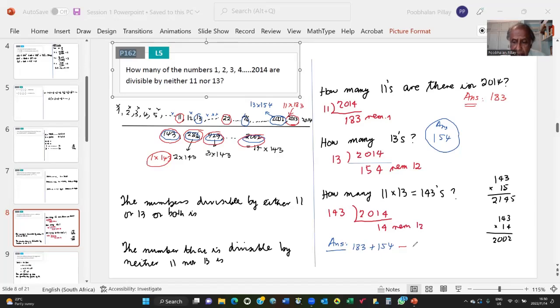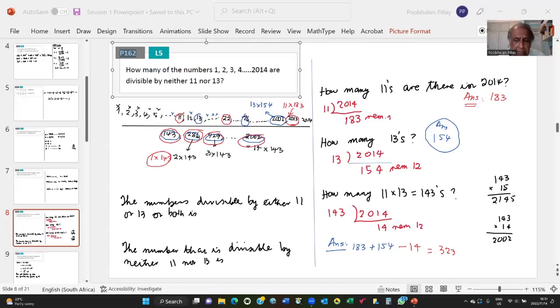And you have to subtract 14 from this because you would have counted these twice. You need to only count them once, right? So this gives you the total number of numbers, 337, 323. The total number of numbers which are divisible by either 11 or 13, right? But your question is, which are divisible by neither 11 nor 13?